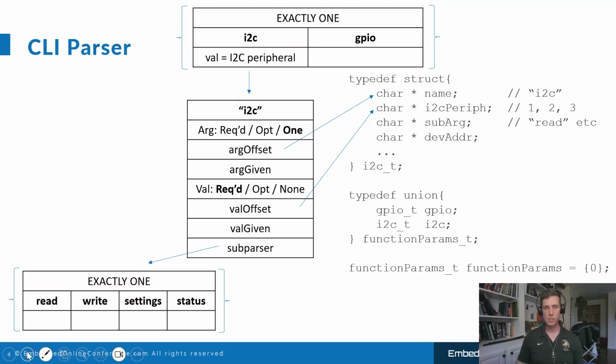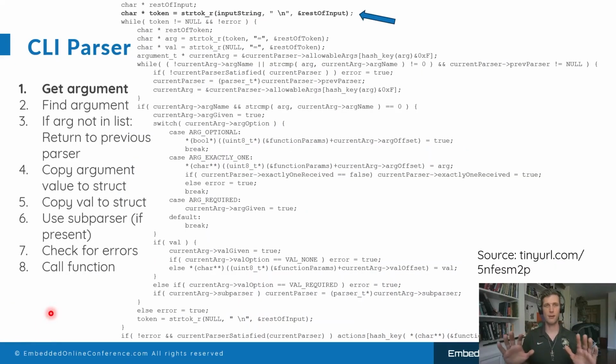And in some cases, once those arguments have all been specified, that node will point back up the tree so that the parser can continue at a higher level. And so, just so you know, I'm not lying to you, these 40 lines of code work through each of those nodes in the tree.